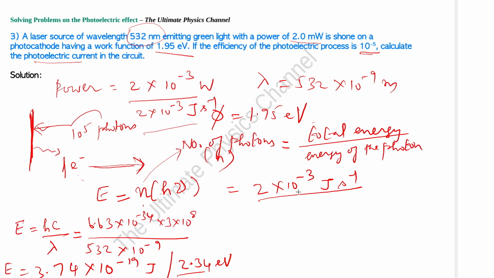In this case, the power units are given as joules per second. So we can divide this directly with this particular value of energy, that is the energy in joule units directly. So we say that this is 3.74 times 10 power minus 90.